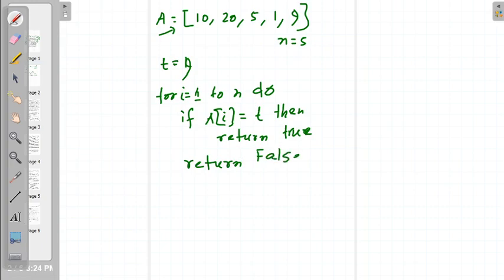So this is the pseudocode I have written. When i equals 1, I am searching a1, which is 10. Is a1, that means 10, equal to t, which is 9? No. Then we go on, and otherwise we have to go for this return false.